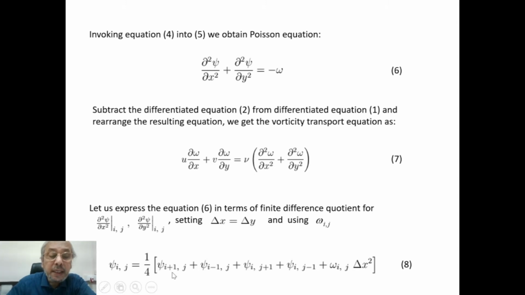So psi i j, i plus 1 j, i minus 1 j, all points psi, we are calling the initial value k prime, and the value which we are determining from here we are writing as psi ij k plus 1.